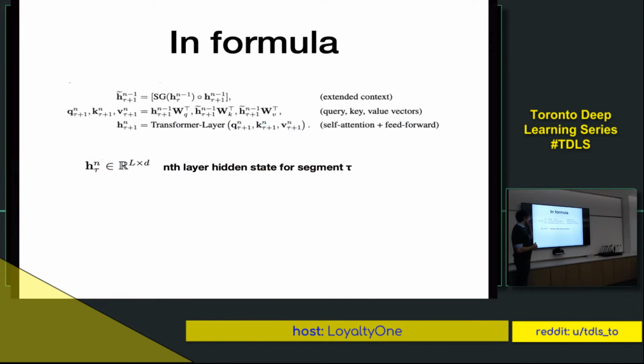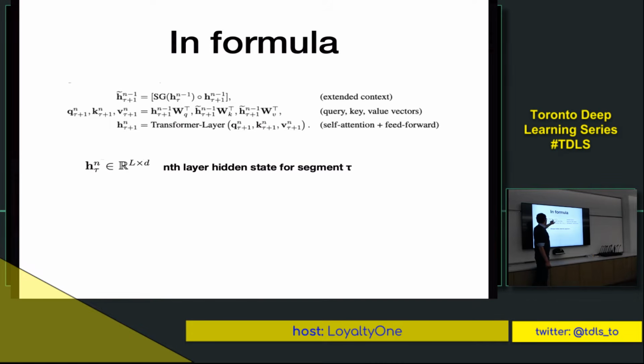So this is kind of a pseudocode, a pseudo formula of how they do it. Essentially they say, okay, from the previous layer, the next segment, so this is the output. So we want to predict this n layer. Then they have this h tilde, which is the hidden state plus the memory.